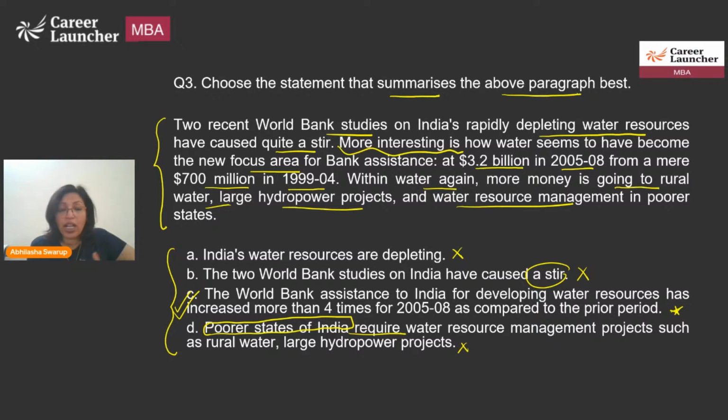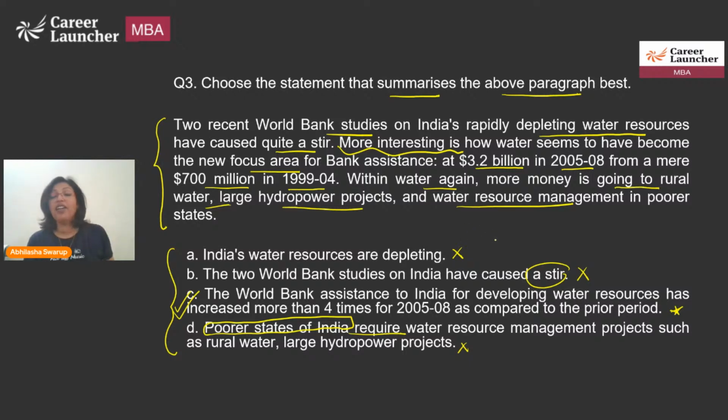So rural areas and poorer states are the focus of attention for the World Bank, which has quadrupled its assistance. That is what we were looking at. More completion to option number C. Maybe we could have added that rural and the poor states, but that's it. Otherwise, yeah, exactly, Sumavo, not the best option, but the best of the choices that we have.